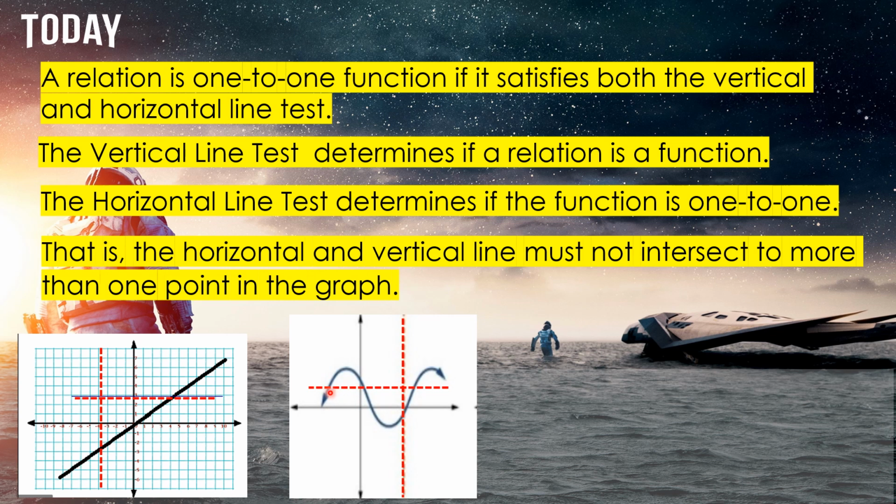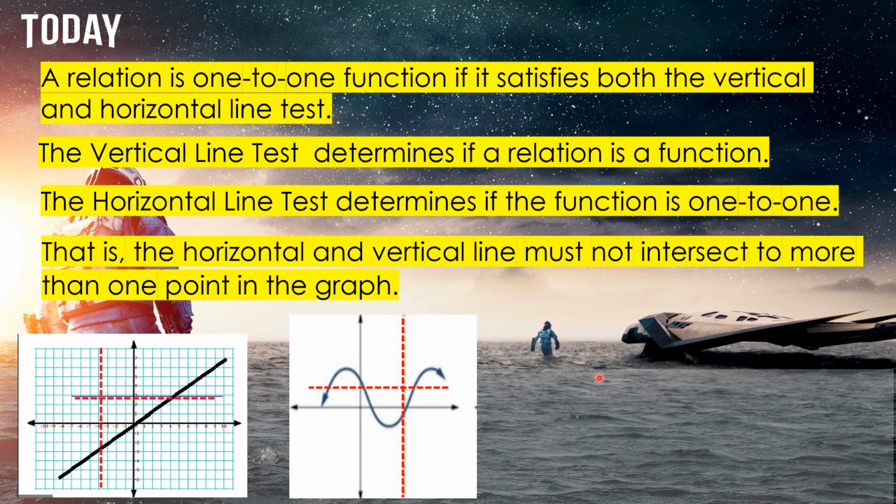So here, in this point, in this point also, and in this point, our horizontal line intersects our graph. Therefore, by the horizontal line test, we can say that this is not a one-to-one function. Though it is a function, it is not one-to-one.